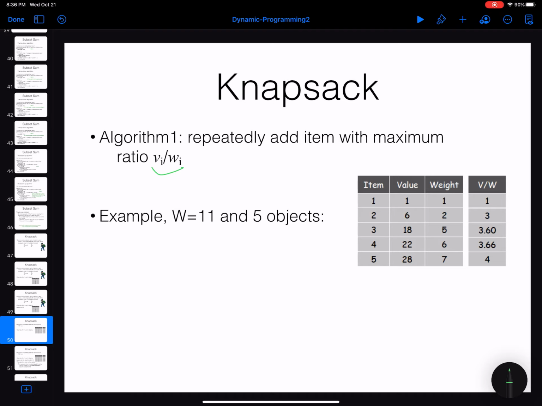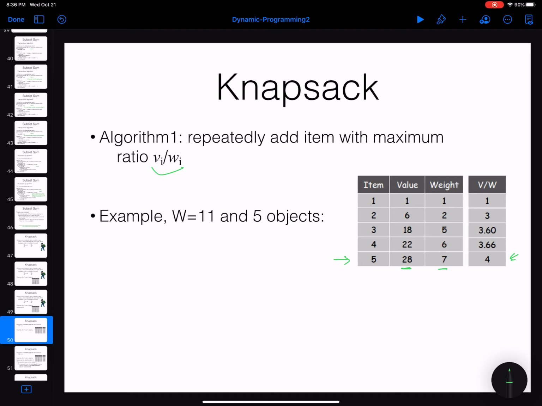You can see that object 5 is very likely to be chosen because it has the highest value per weight ratio compared to the rest of the items.